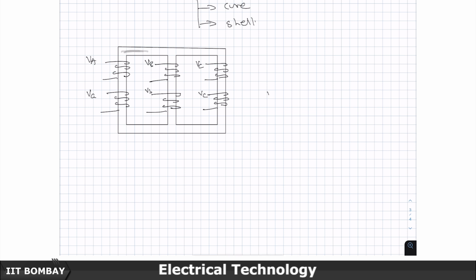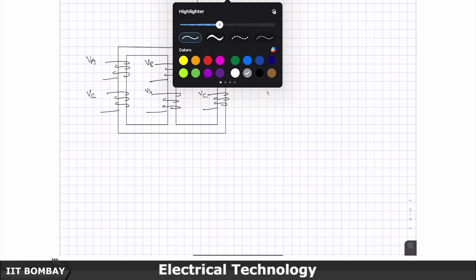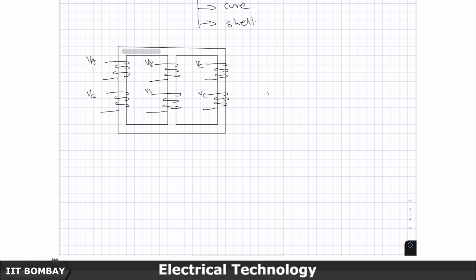Now, this is all my iron core. These are the 3 limbs, or cores, in the core type.